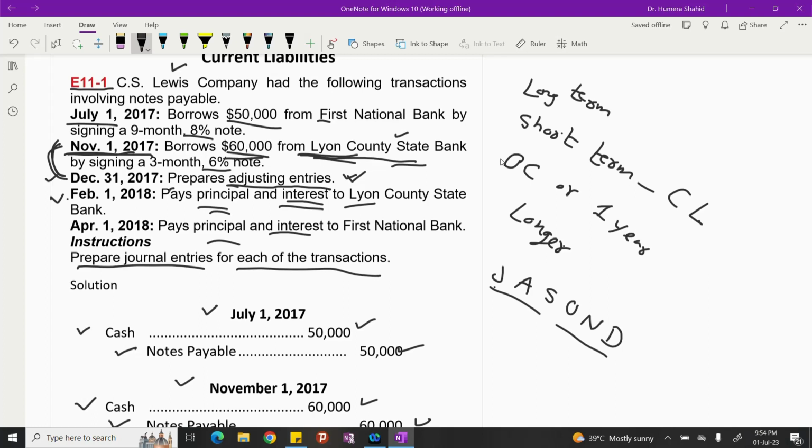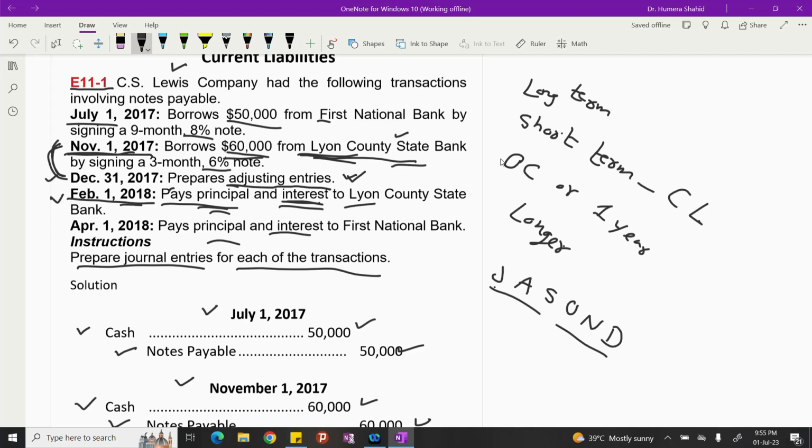Interest of January is not recorded because it was not required. But we cannot ignore it because you have to pay for the January month as well. So at the time of payment, we will not only pay the principal and the accrued interest, we will also calculate the interest for the month of January, which is not calculated yet, and then we will pay that interest expense as well on the same day.